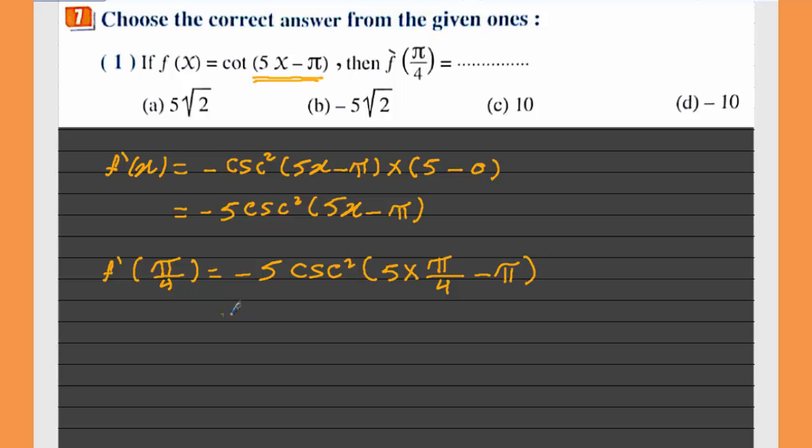So the result equals negative 5 cosec square 5 pi over 4 minus pi, which equal pi over 4. So we substitute pi over 4 equals 45. So we have here negative 5 cosec square 45.